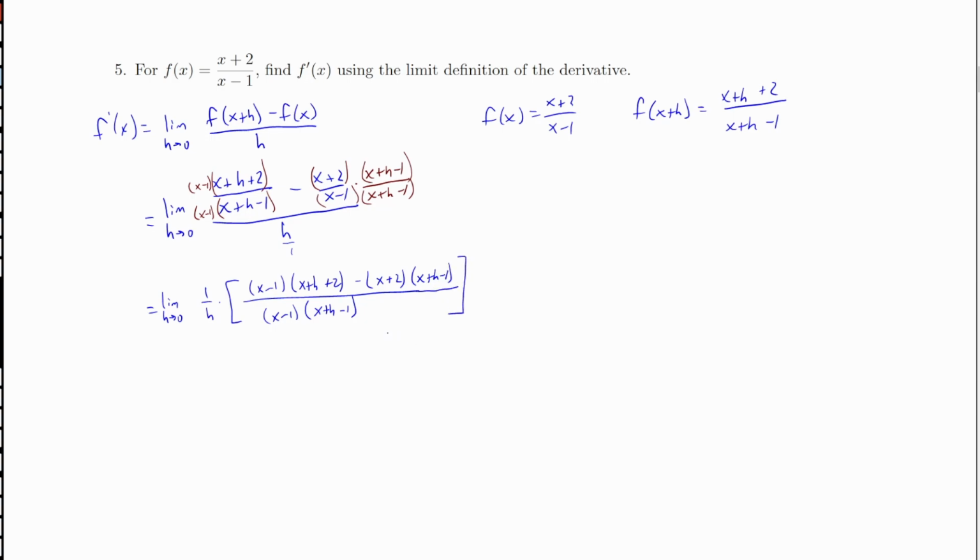Right? And so now what I want to do is simplify the numerator as much as possible. So we're going to start by FOILing out everything. So I'm going to distribute this x. So x squared plus xh plus 2x. Distribute the -1.